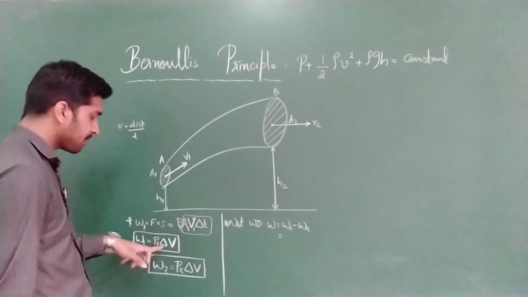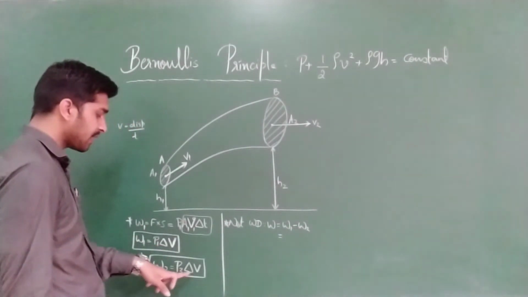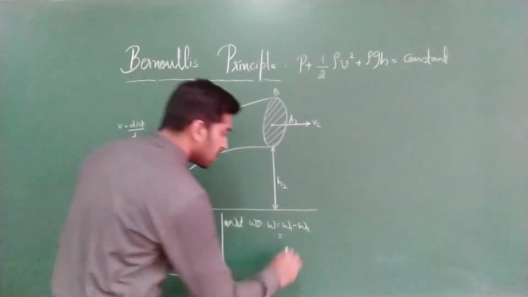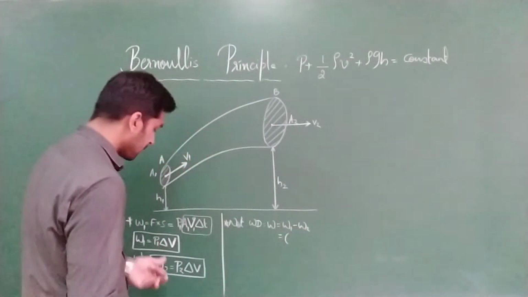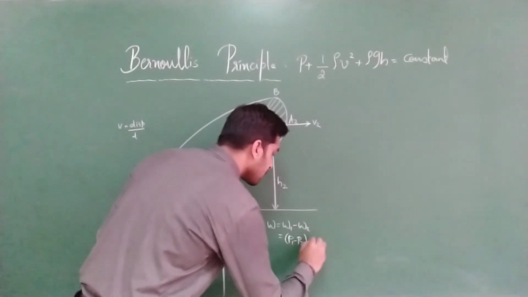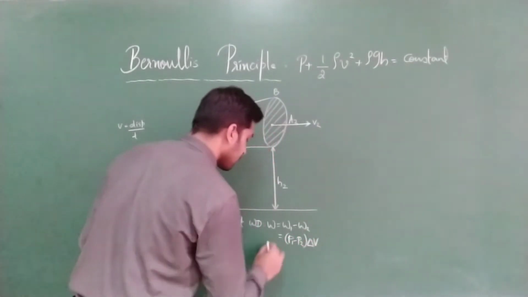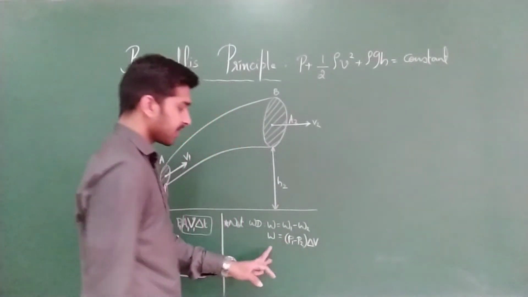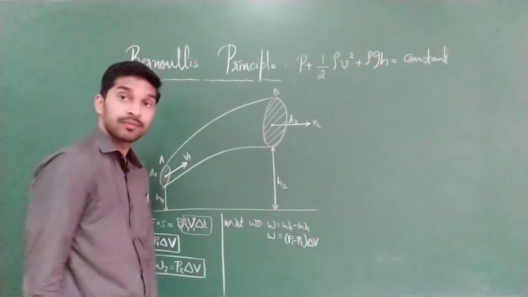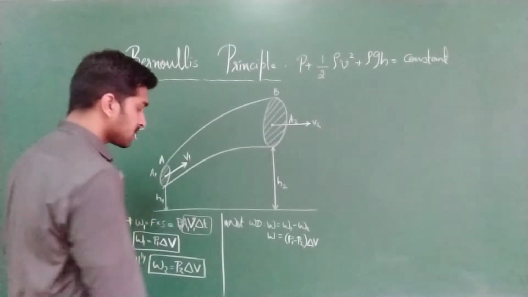W1 value we are having P1 delta V, W2 value P2 into delta V. Taking delta V common, I can write P1 minus P2 into delta V. This is nothing but the net work done. Work done is equal to P1 minus P2 into delta V. Clear?